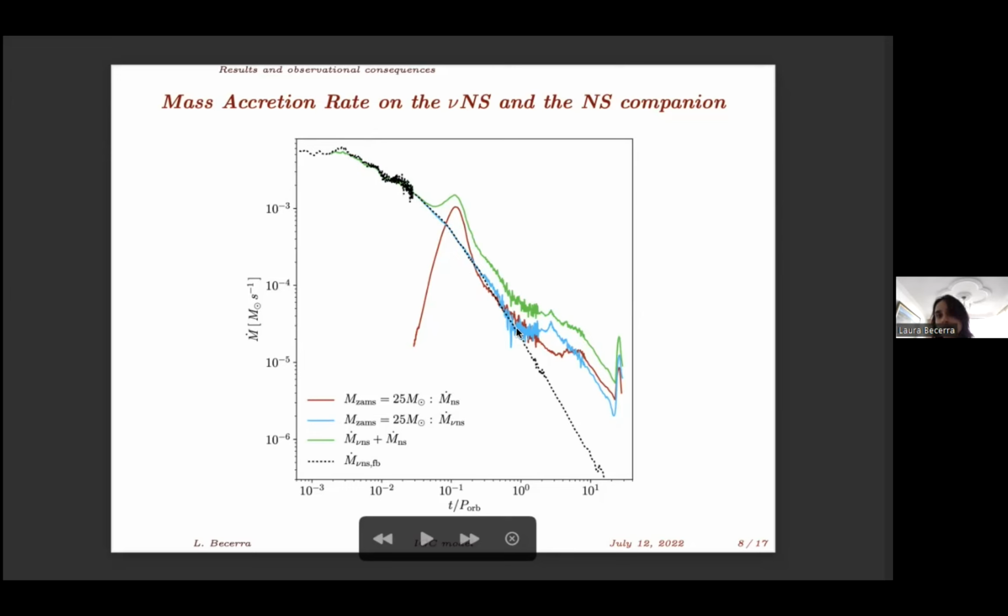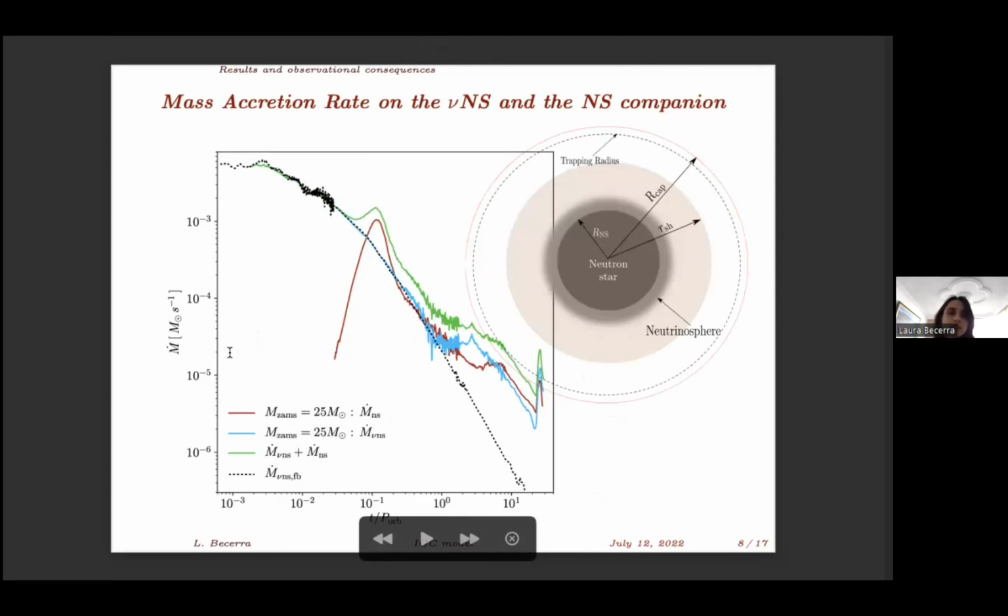But at some point, this starts to stabilize because it starts to acquire material from the neutron star companion. And also in red, we see the accretion rate of the neutron star companion. We have a peak, that is when the innermost layers of the supernova reach the neutron star companion and it starts to appear from the disk.